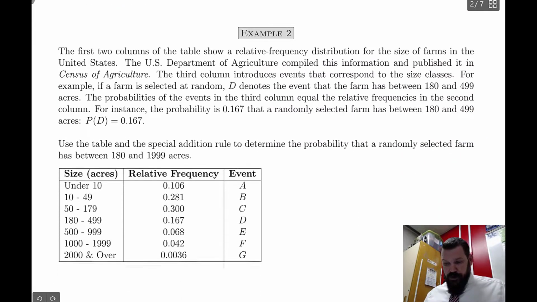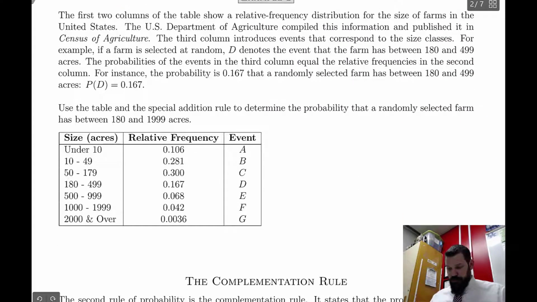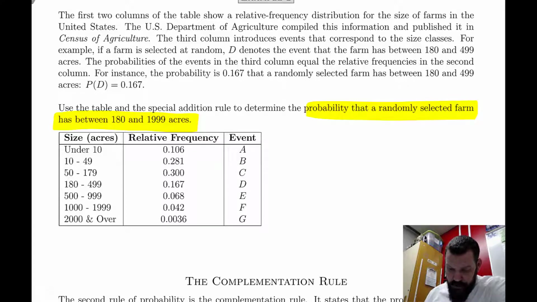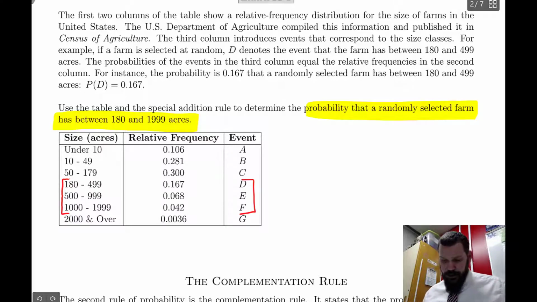For example 2, we're going to apply this special addition rule of probability to determine the probability that a randomly selected farm has between 180 and 1,999 acres. So 180 to 1,999 acres falls in these 3 rows right here.